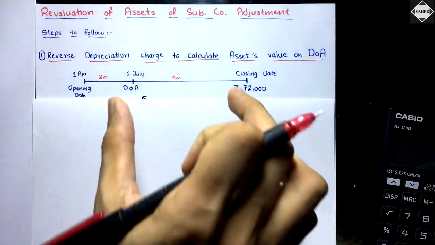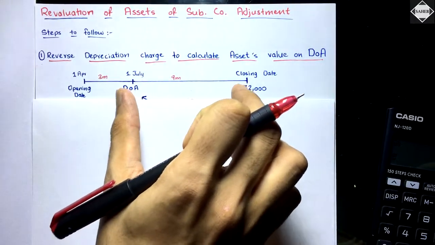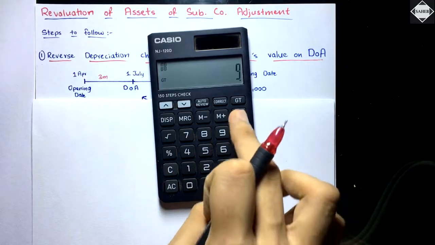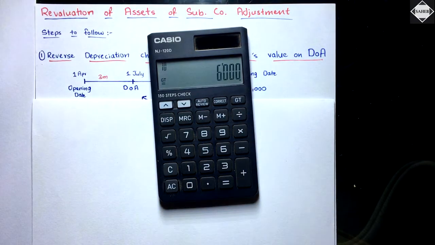But you need depreciation only for this post-acquisition period, so into 9 divided by 12, that is equal to 6,000. What did I do?